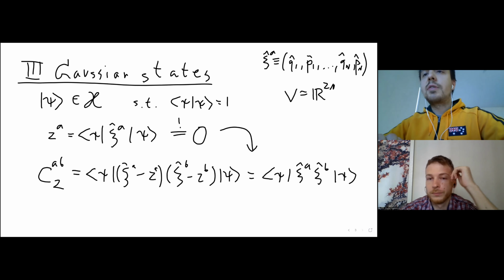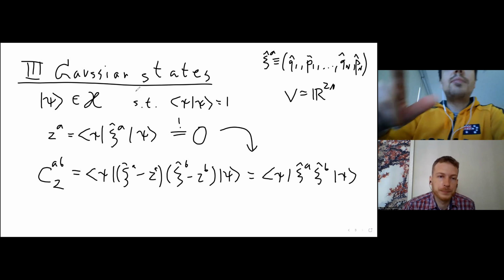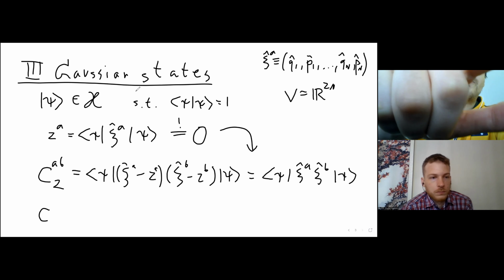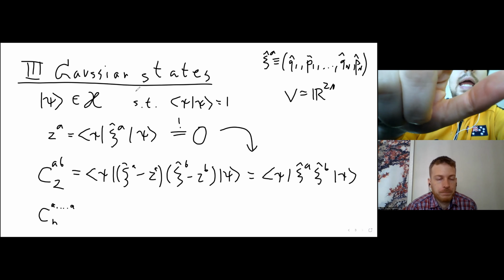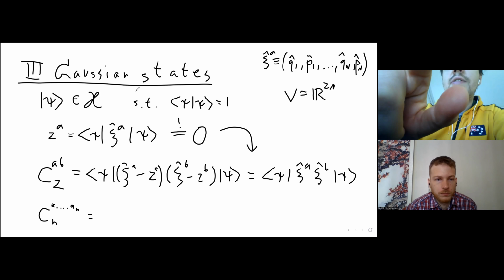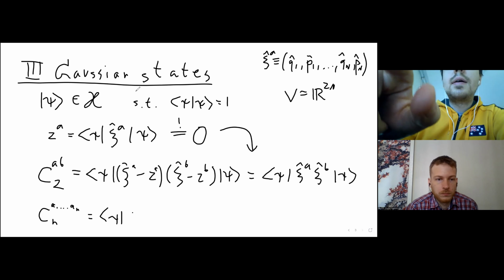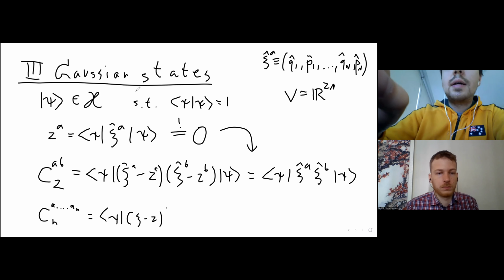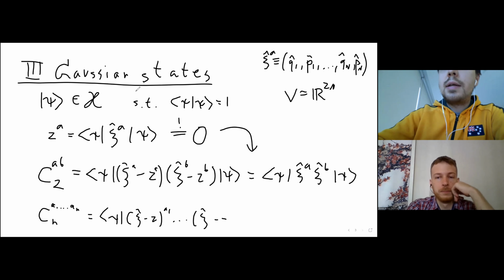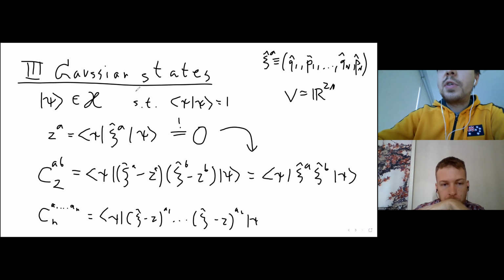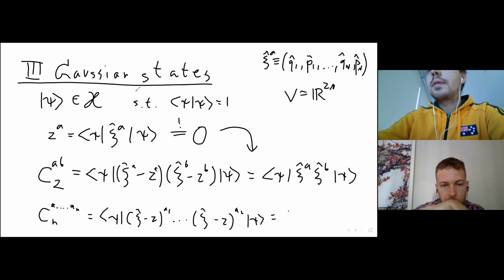And just to be precise, this way we can define a general n-point correlation function that has n indices, which is really just psi_A1 minus Z_A1 up to psi_An minus Z_An, and in our case this simplifies to just psi_A1 to psi_An.